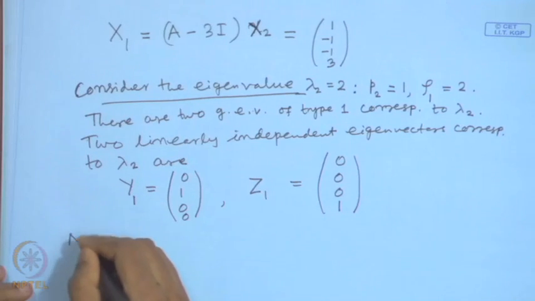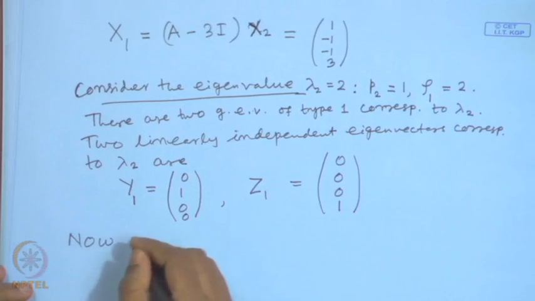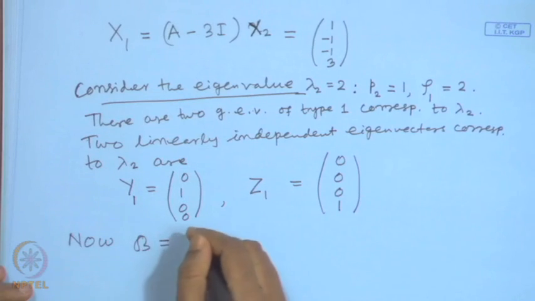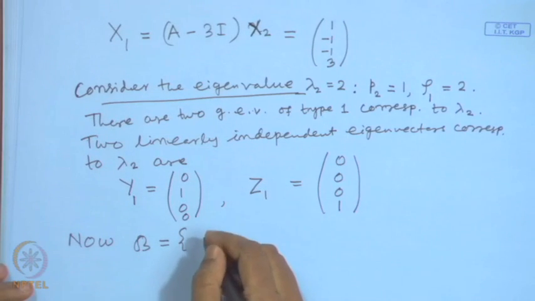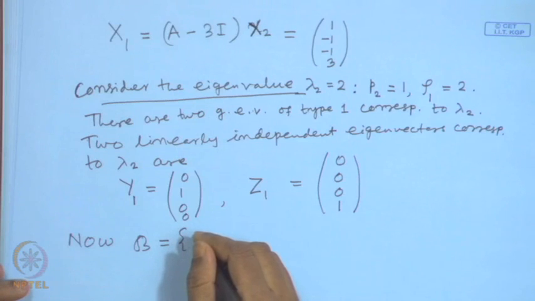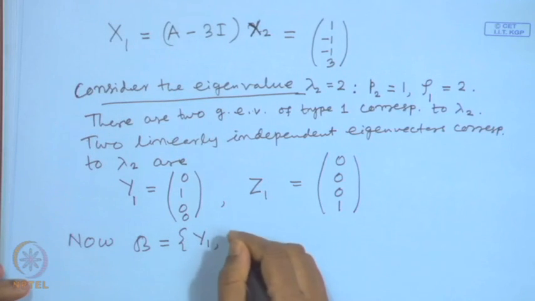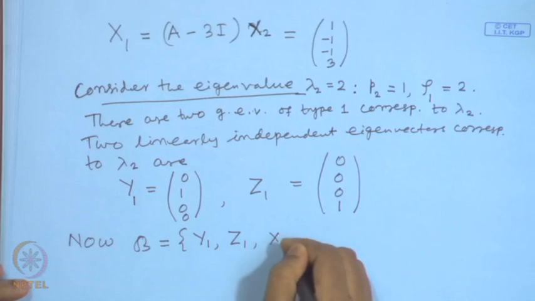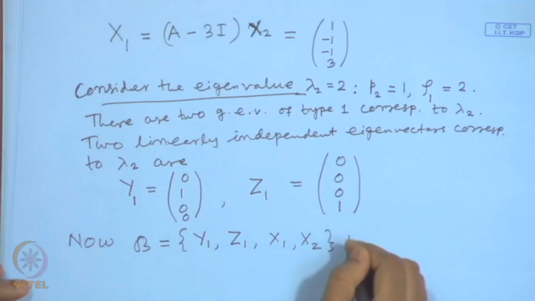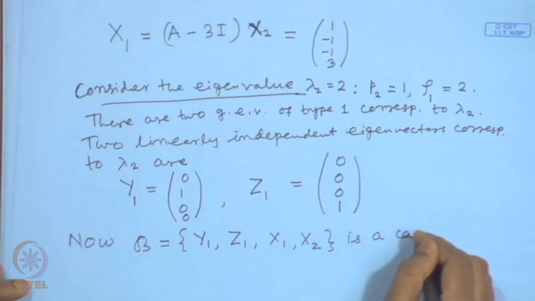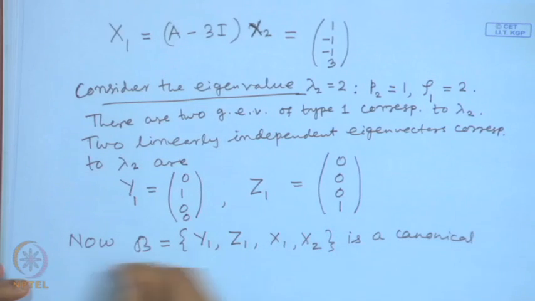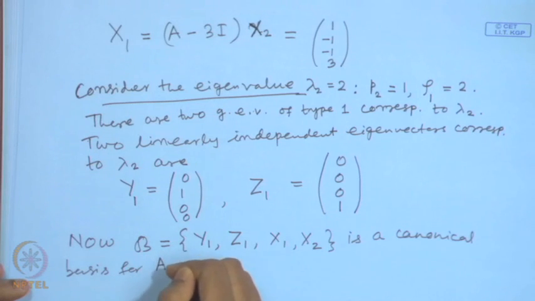So, now the canonical basis B, consisting of y 1, z 1, x 1, x 2, is a canonical basis for the matrix A. Of course, there may be several canonical bases corresponding to a matrix A.